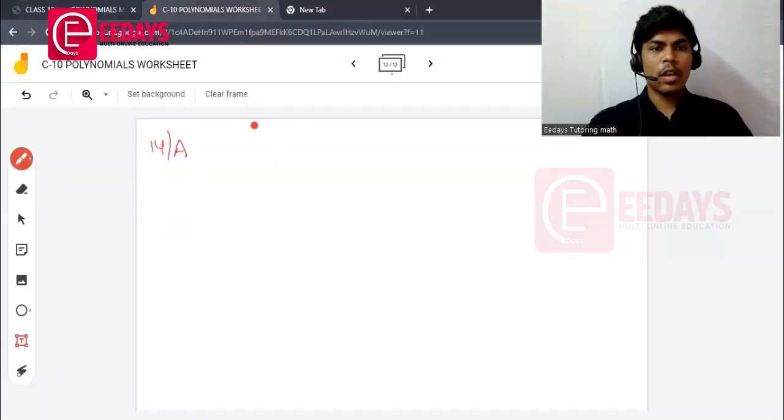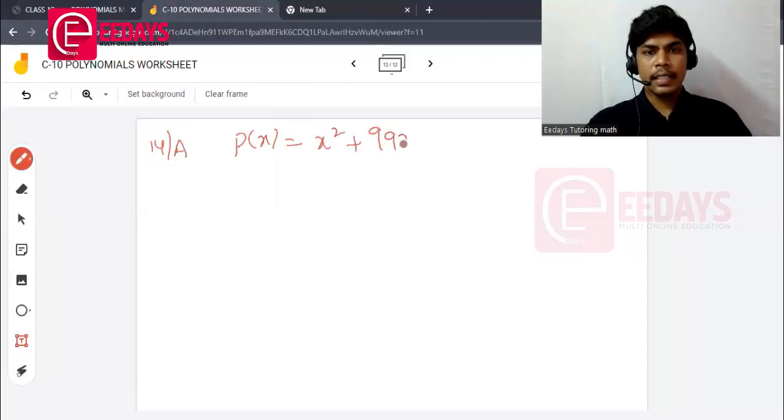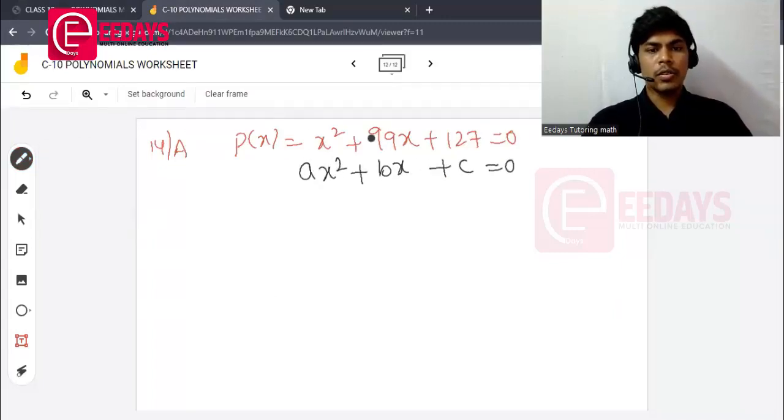Here they given the polynomial equation x square plus 99x plus 127 is equal to 0. What are the zeros of this quadratic polynomial? We just compare with the general form ax square plus bx plus c is equal to 0.